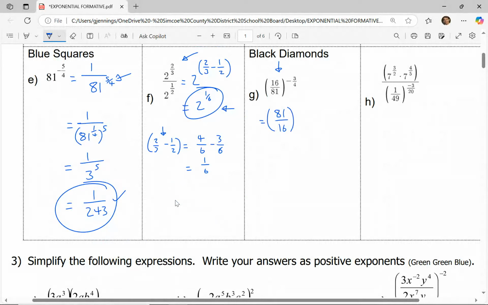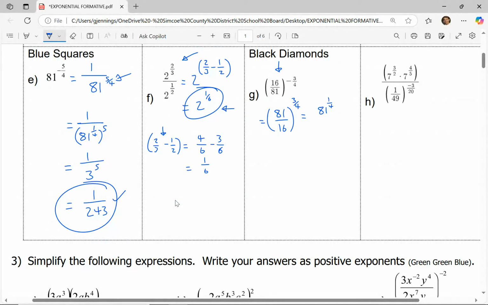Okay, and then 81 to the 1/4, we've been here before, that's 3 to the 3 on top, over 16 to the 1/4, that's 2 to the 3, and that just equals 27 on 8. Done, final answer.